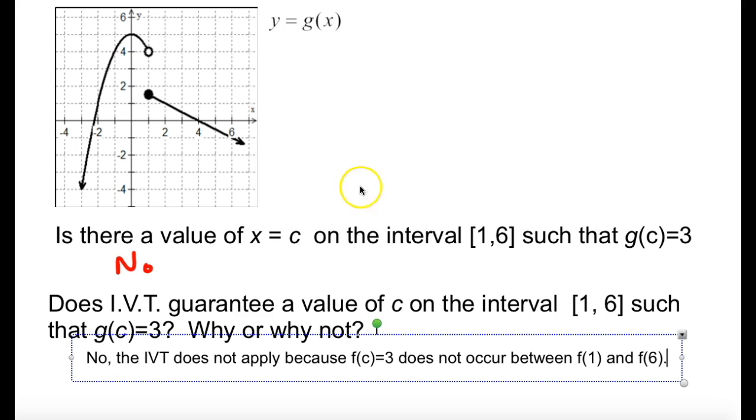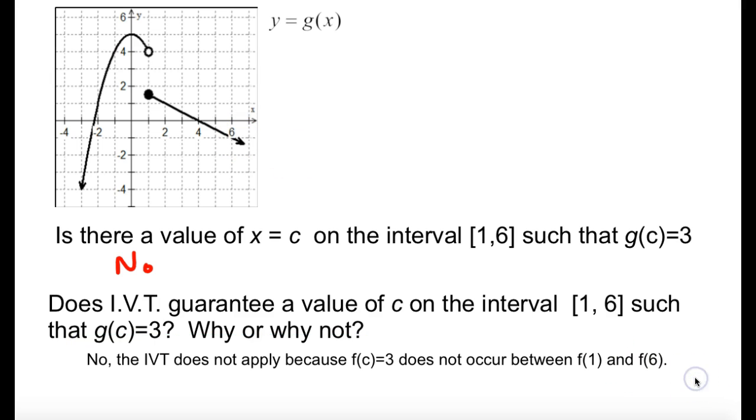Okay? So we're saying that this y value of 3 is outside of the range of the y values of the endpoints. Therefore, the intermediate value theorem does not apply.